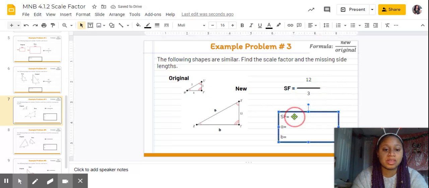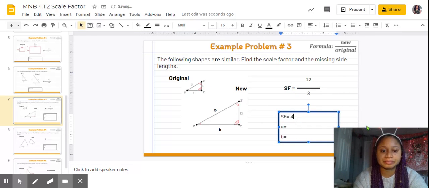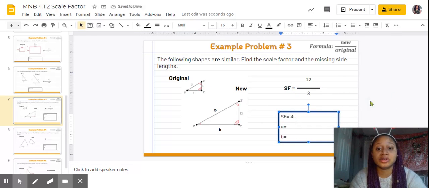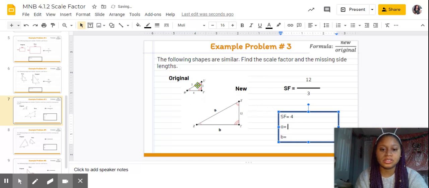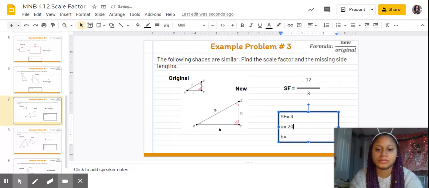12 divided by 3 is 4. So now you know that for all of these sides, you multiply by 4 to get the new side lengths. So to get A, the corresponding side length is 5. So you take this 5, multiply it by 4, because that was our scale factor, and that will get you to 20.